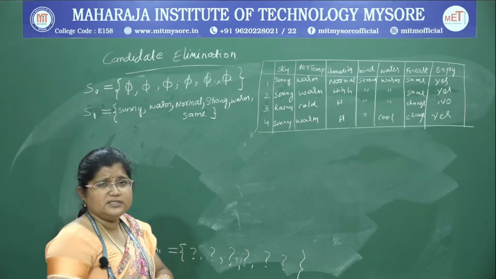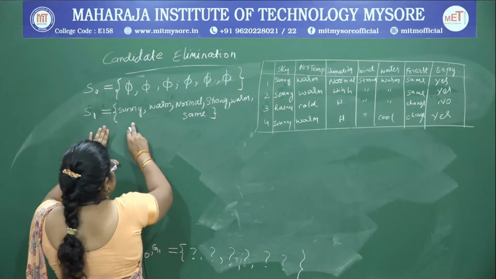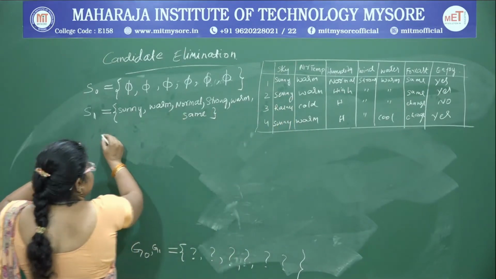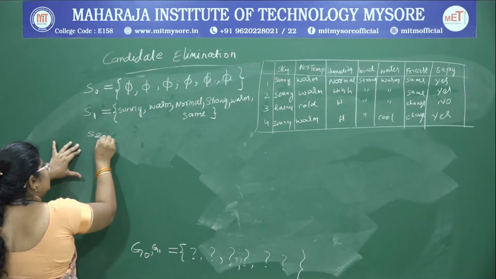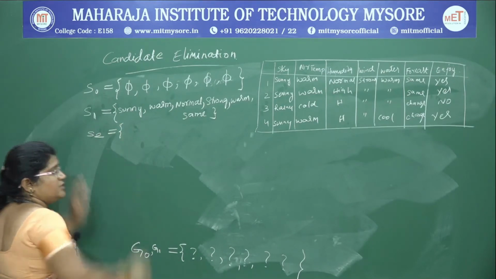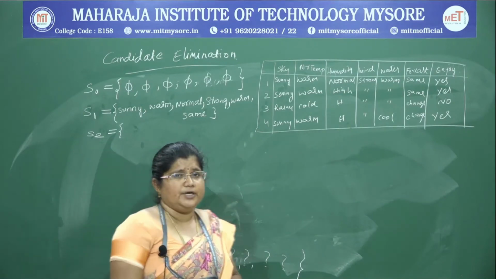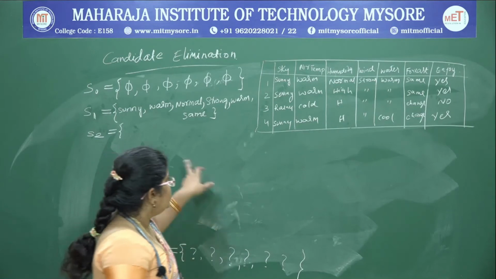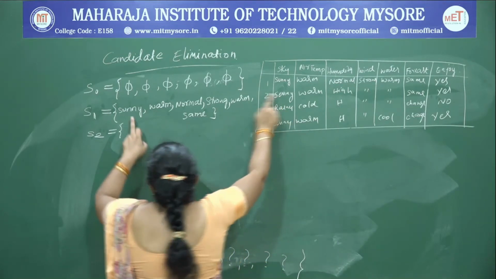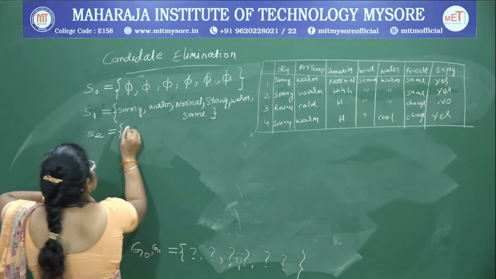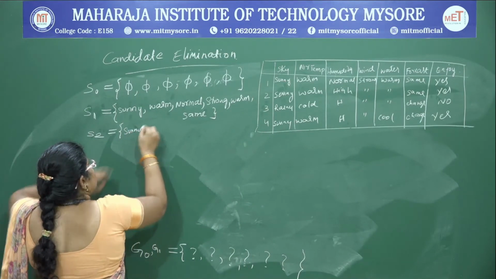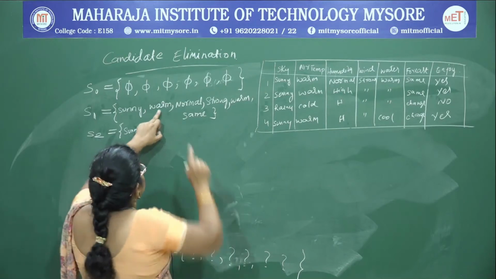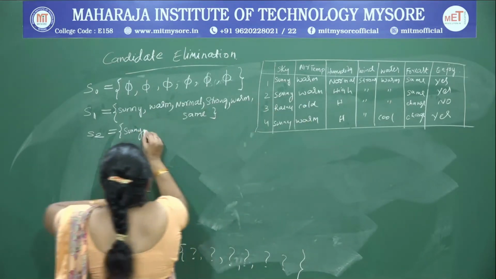We compare S1 with the second training example and generate the new hypothesis S2. Sunny is compared with sunny and remains as it is. Next, similar to the FIND-S algorithm, warm is compared with warm and remains as it is.